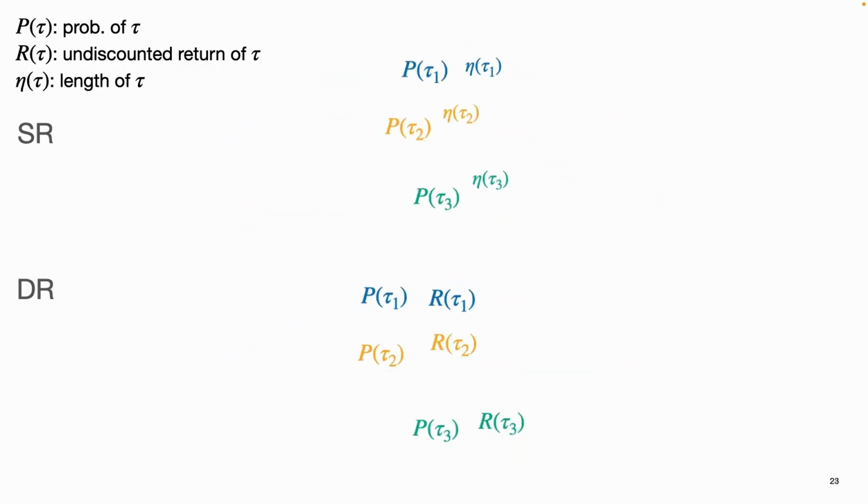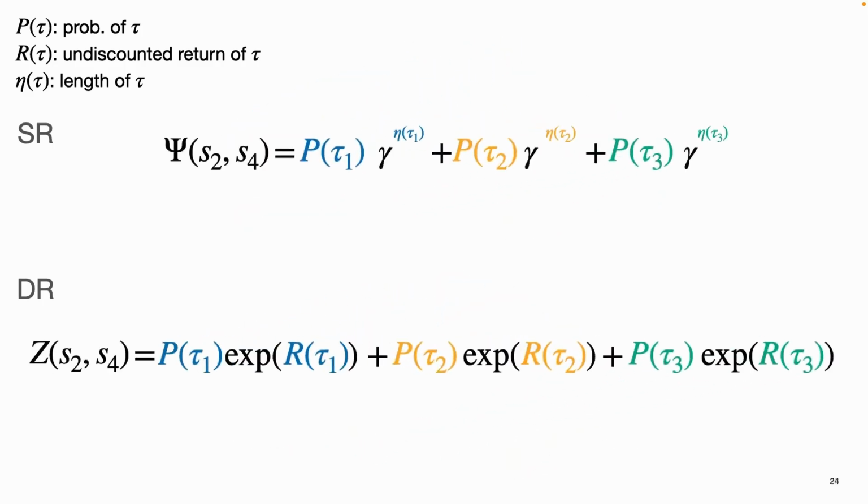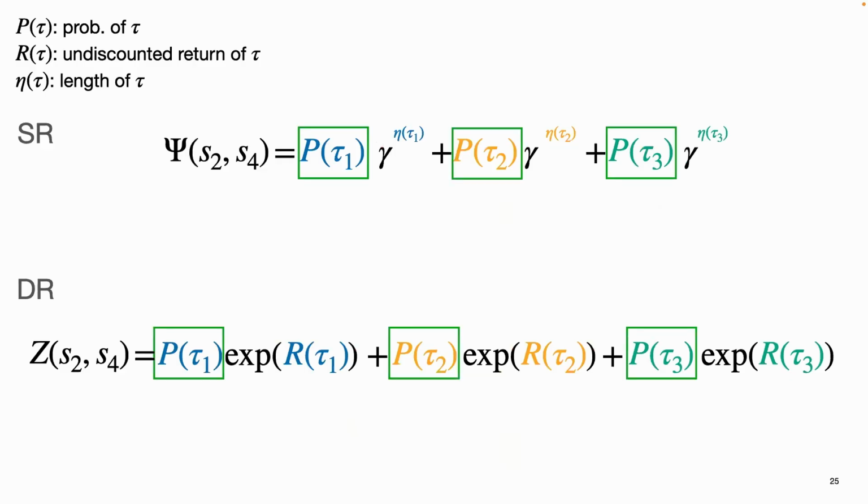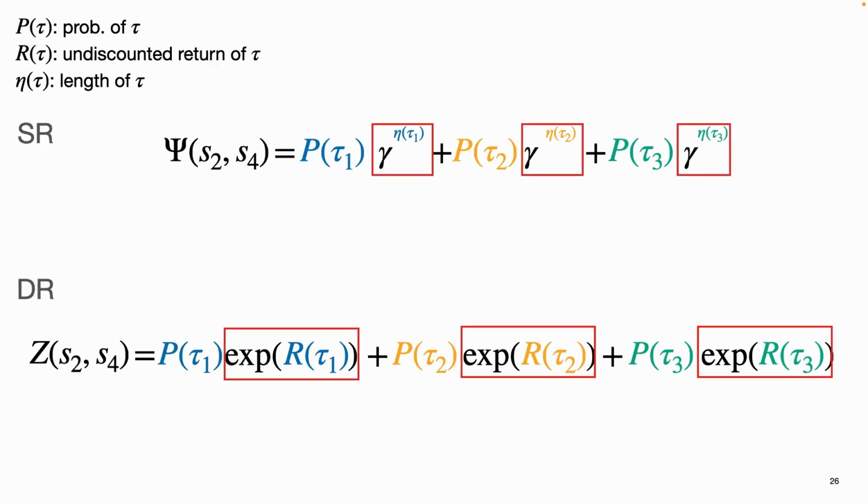And that particular entry is computed in this way. We can view it as a weighted sum of the statistics of the trajectories that are enumerated, and the weights here are the P of tau. The thing that we're summing over is the thing in red, which is different for the successor representation and the default representation.